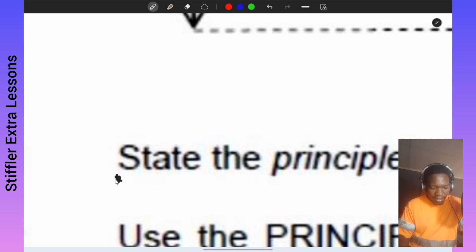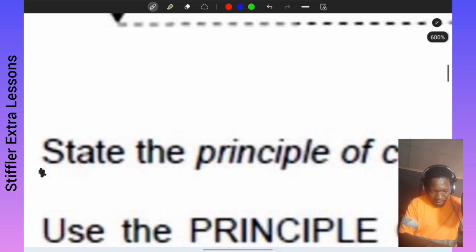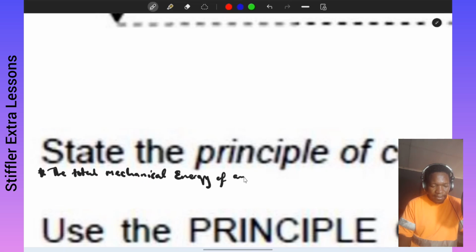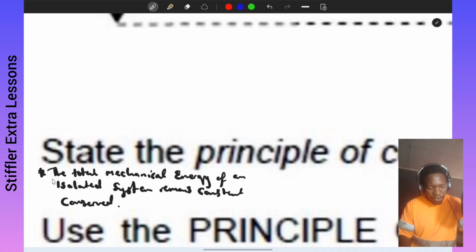This principle says that the total mechanical energy of an isolated system remains constant, or we can say that it is conserved. It just depends on how you want to say it, but the total mechanical energy of an isolated system remains constant.